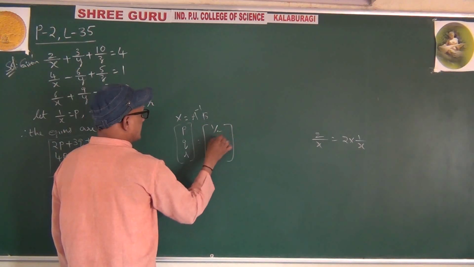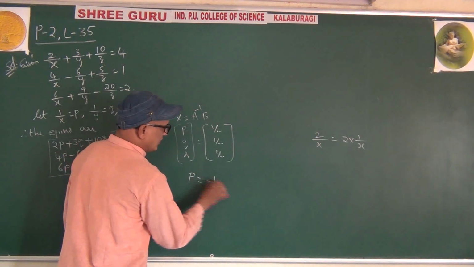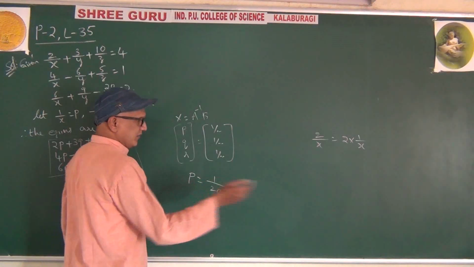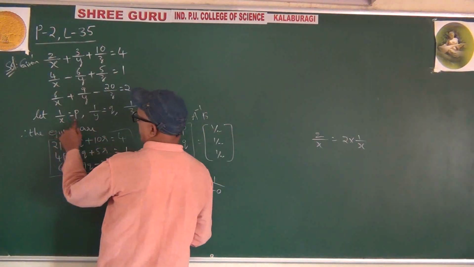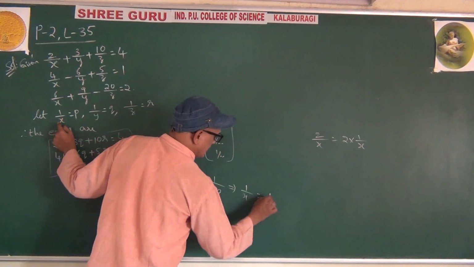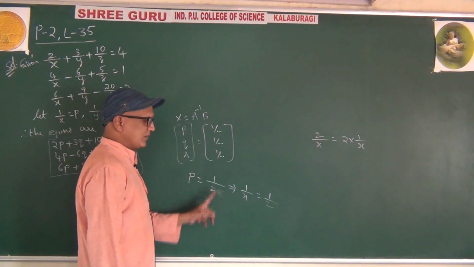These things will be fractions, I think. For example, P value 1 by 20. For example, I don't know how much value will come. If we solve, we will understand. P equals to 1 by 2.